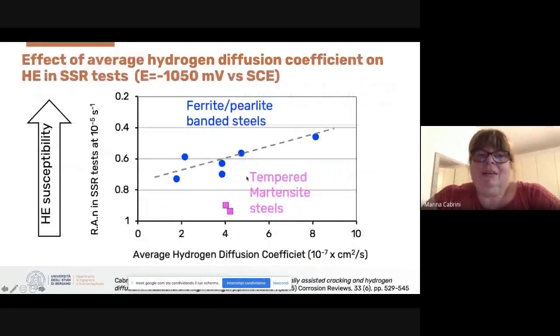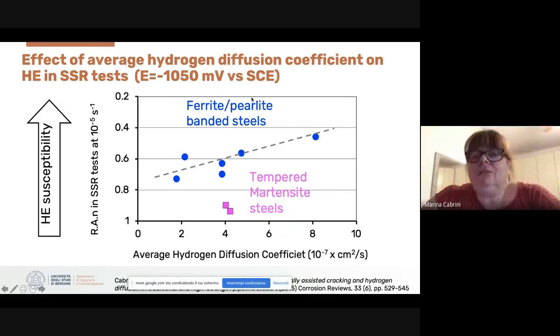We can try to relate the hydrogen permeation parameter, such as the hydrogen apparent diffusion coefficient in absence of load, to the hydrogen embrittlement susceptibility using a traditional low strain rate test. And we can find that there is an increase, for example, of the hydrogen embrittlement susceptibility at high strain, because there is a strong effect of strain rate, increasing the hydrogen diffusion coefficient.